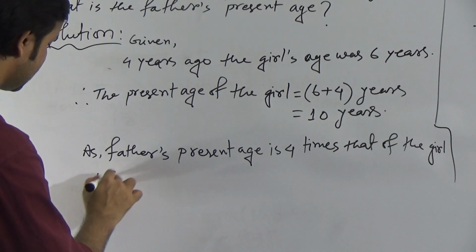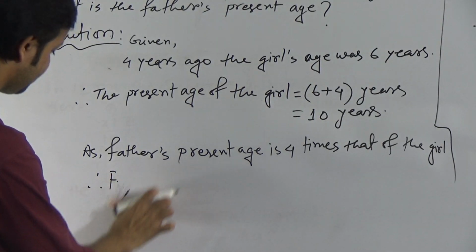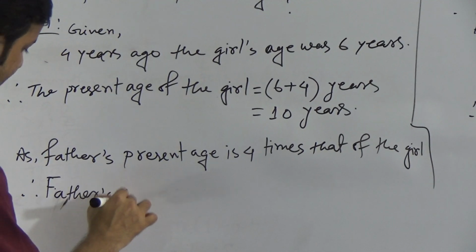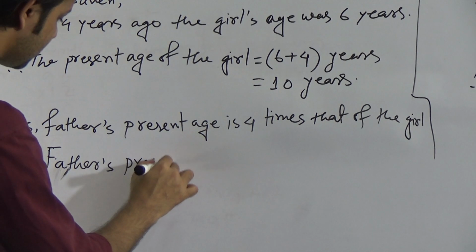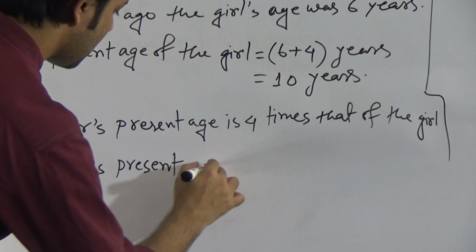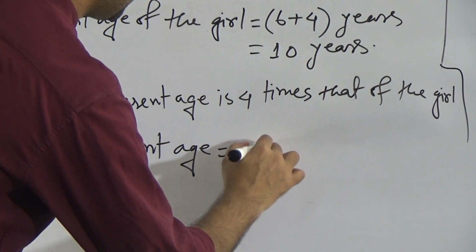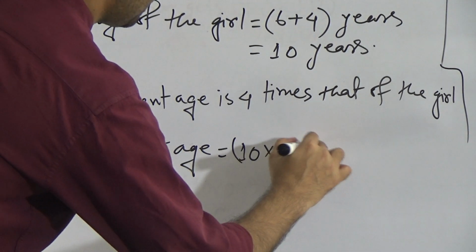Therefore, father's present age will be equal to 4 times of 10 years.